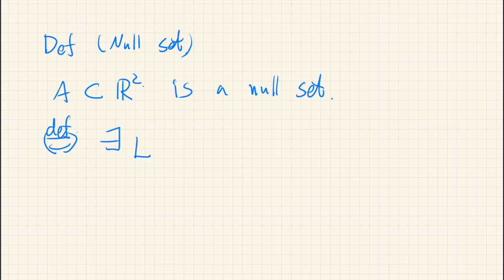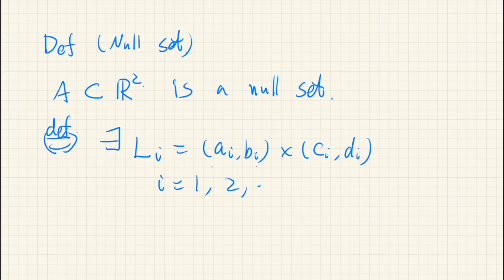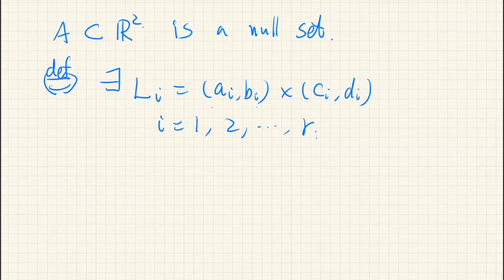First of all, there exist some open rectangular regions, that is, (a_i, b_i) times (c_i, d_i), an open interval times another, for i from 1 up to r. So this is a finite number.